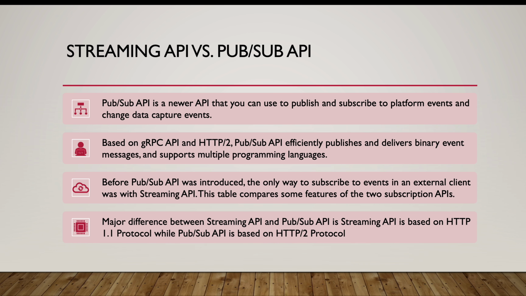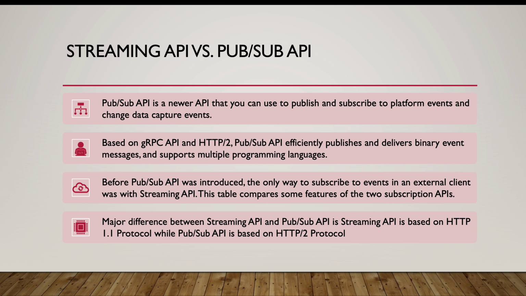Now let's discuss the differences between Streaming API and Pub/Sub API. Pub/Sub API is the newer API that you can use to publish and subscribe to platform events and change data capture events. It is based on gRPC API and HTTP/2. Pub/Sub API efficiently publishes and delivers binary event messages and supports multiple programming languages. Before Pub/Sub API was introduced, the only way to subscribe to events in an external client was using Streaming API.